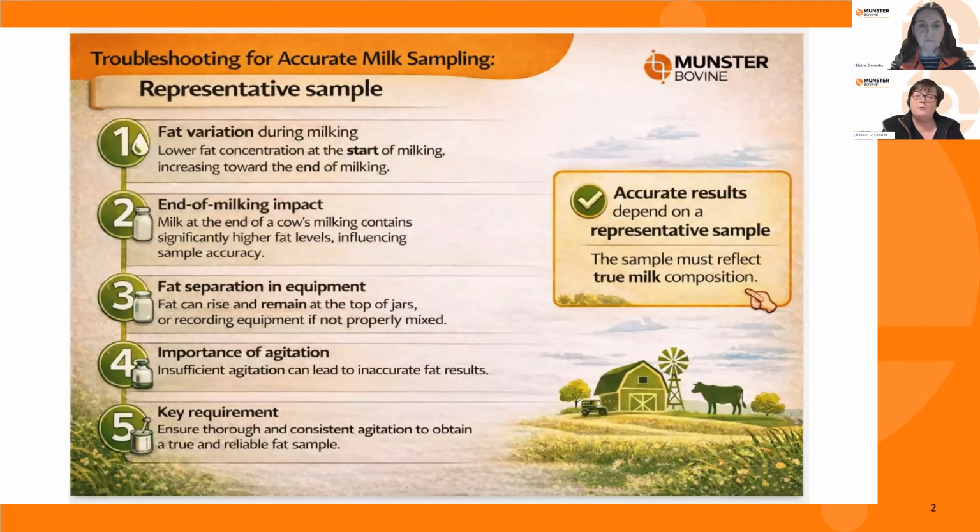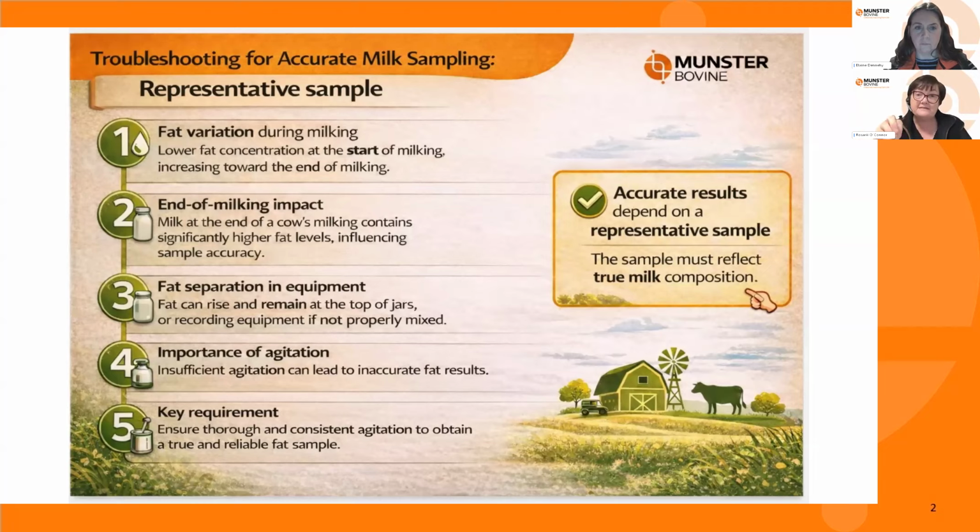So really what we're trying to do is get accurate milk recording. And that depends on getting a representative sample. The sample must reflect true milk composition, so it's very, very important that we get a representative sample. And we come back to fat.